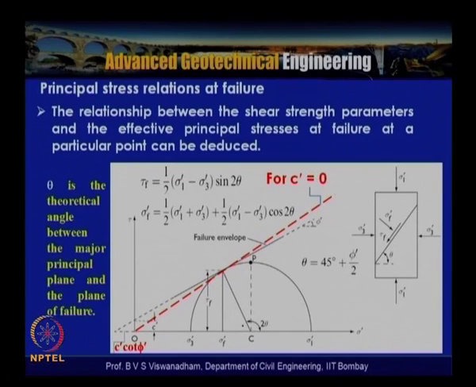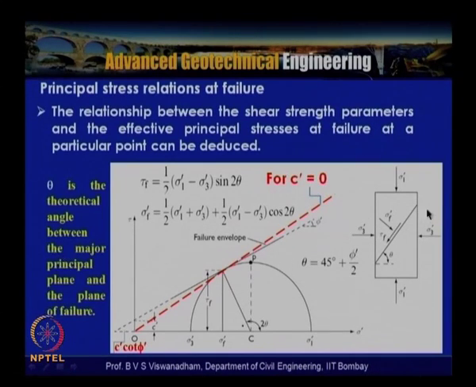Then we can further use this knowledge to get the principal stress relations at failure. These are worked out using this Mohr circle at failure, where we have tau versus sigma dash. The element is subjected to sigma 1 dash on the major principal plane and sigma 3 dash on the minor principal plane.